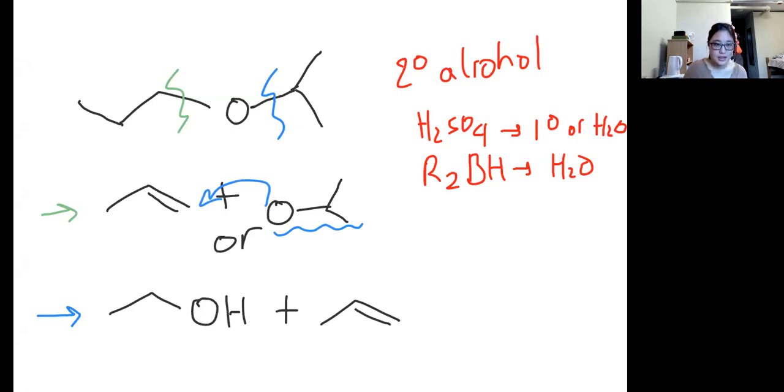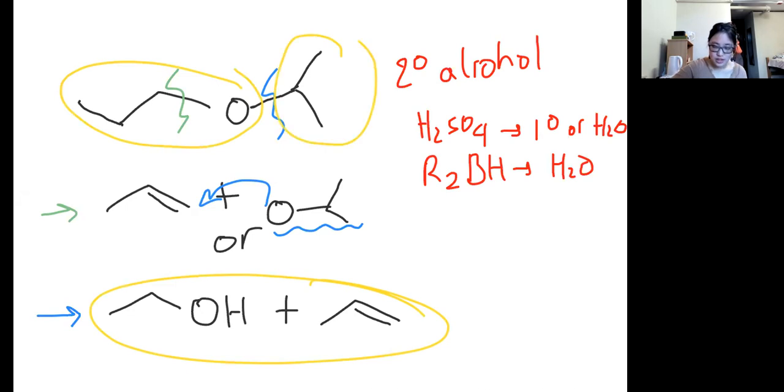Because that's anti-Markovnikov, right? So do I have a molecule that could be anti-Markovnikov and attach something that isn't water? No, I don't. So because of that, this has to be our way forward. So we have to make this part and then attach it onto here.